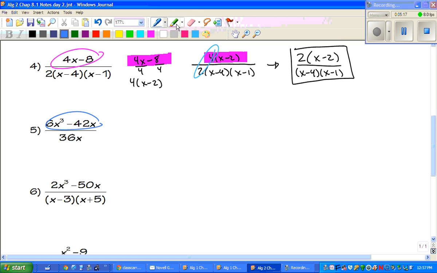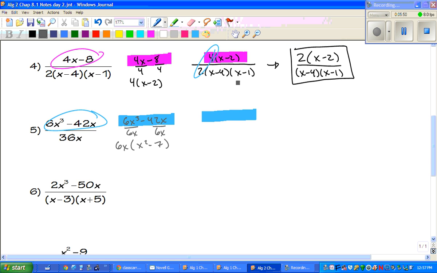All right, let's look at number 5. We have the 6x cubed minus 42x. Take out the GCF, which is 6x. And you're left with x squared minus 7.